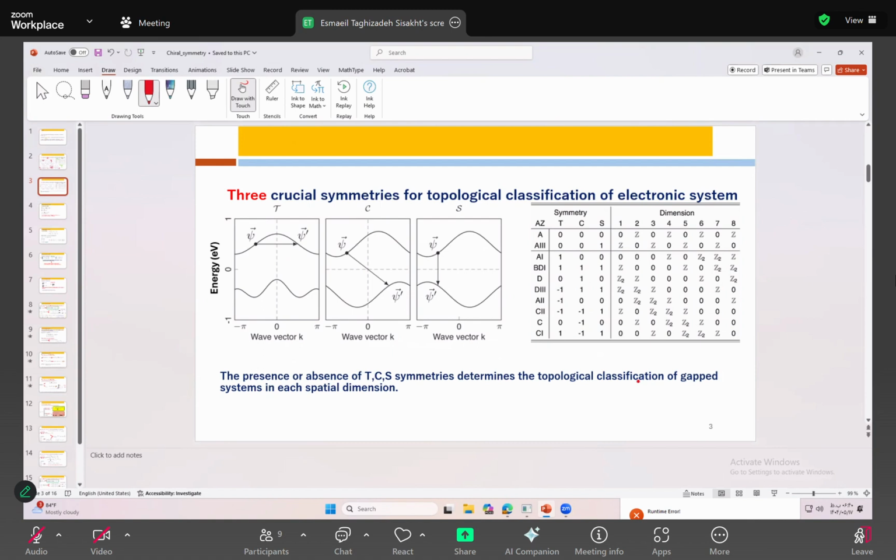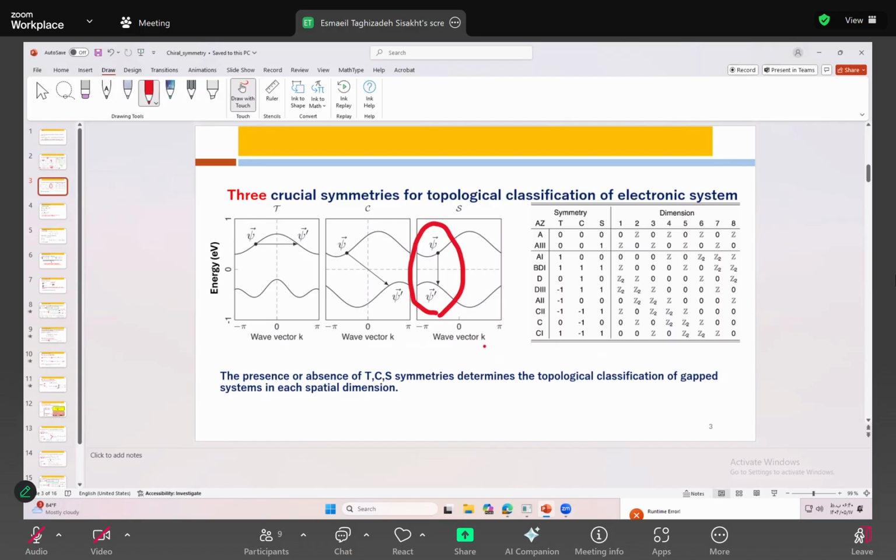Here, I want to focus on this one. If the system has this kind of behavior, we want to understand the behavior of those systems, and to have a better understanding of the concept of chirality in these energy spectrums or band structures.